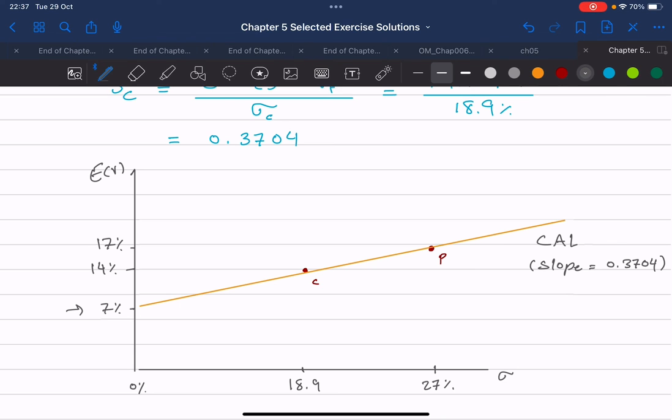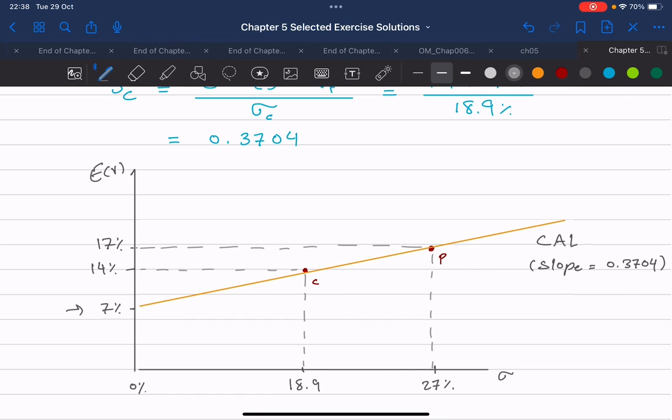And if you want to be a little bit more fancy, you could go ahead and connect the points if you want. It's not really necessary, but as you can see, the rate of return of the complete portfolio is here, at the 14% rate of return with a standard deviation of 18.9, and for the risky fund, a standard deviation of 27% and a rate of return of 17%.